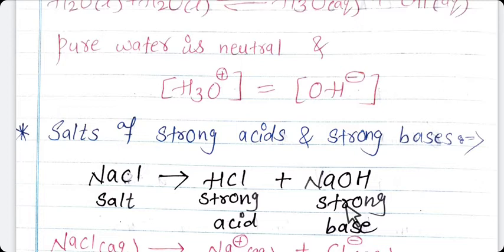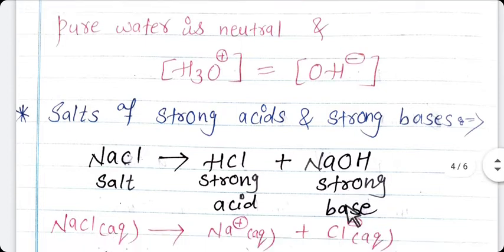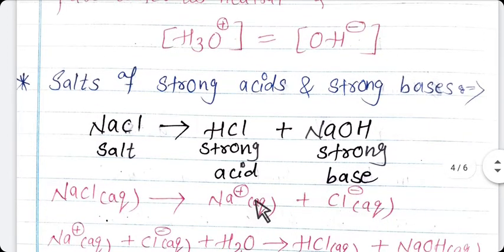The strong acid used is HCl and the strong base used is NaOH. NaCl is completely dissociated in water and produces Na+ and Cl- ions. Here we are adding aq, which means the salt is dissolved in water and dissociated completely, producing Na+ and Cl- ions.